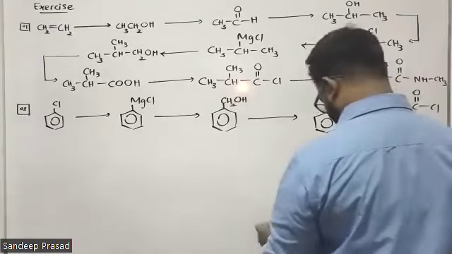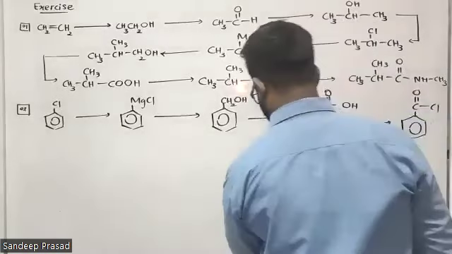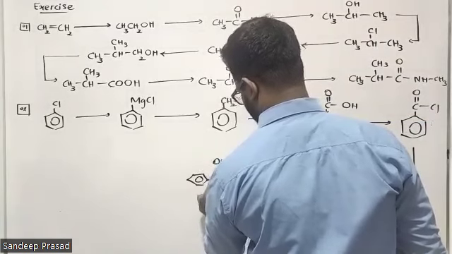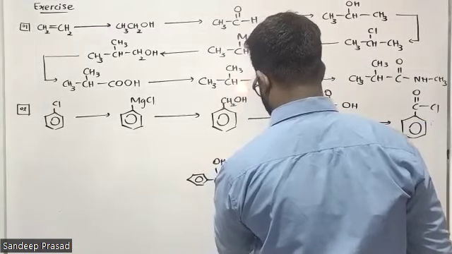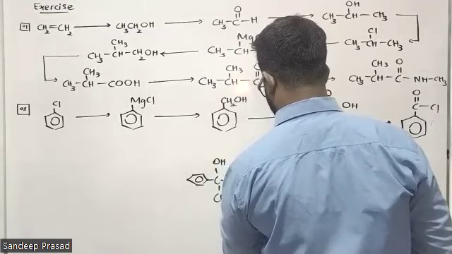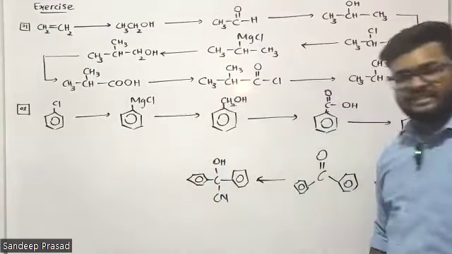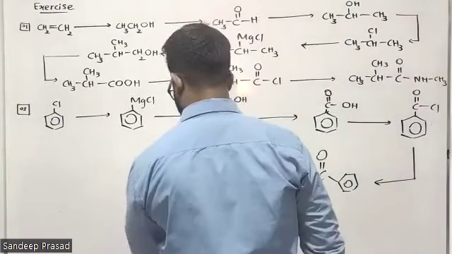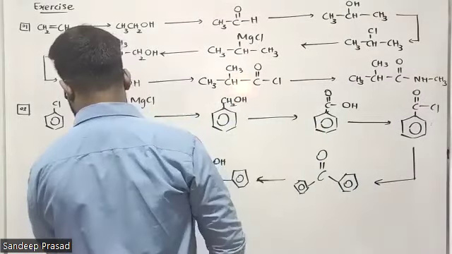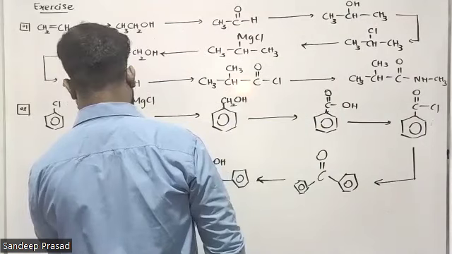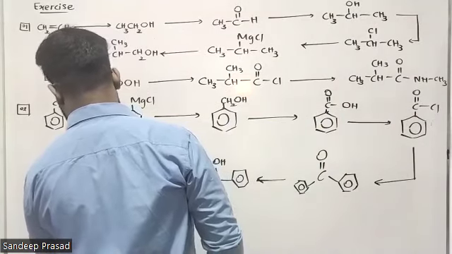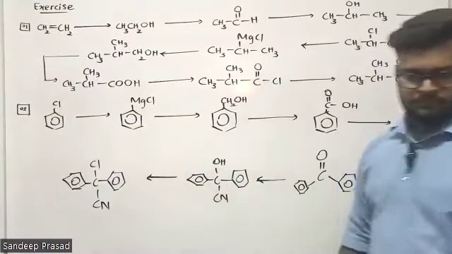Right. Last week we learned how to convert a carbonyl group into OH and CN. What is the compound we have to add?